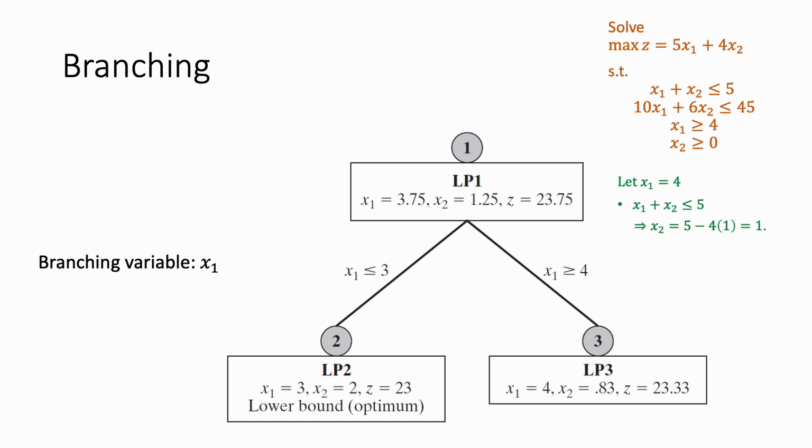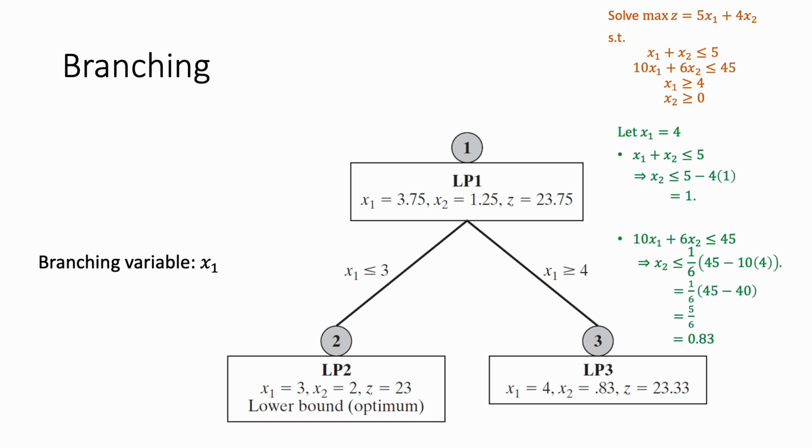Okay. So when we solve this LP with x sub 1 equal to 4, the same as what we did earlier in LP2, we substitute x sub 1 equals 4 into the first constraint, which gives us x sub 2 equal to 1.